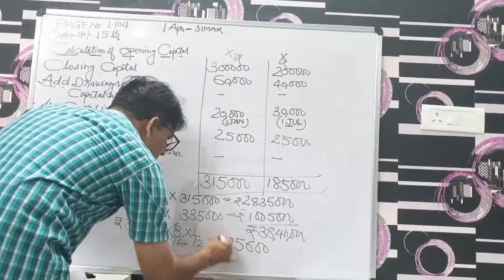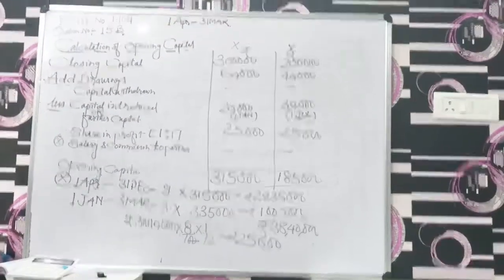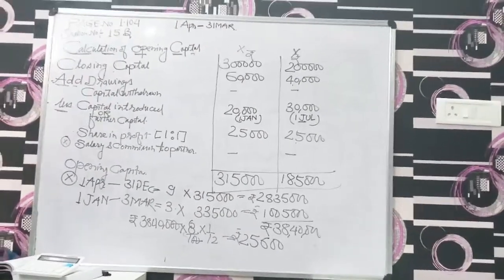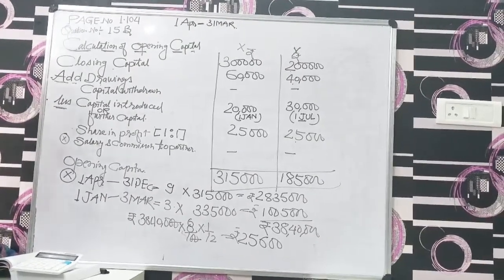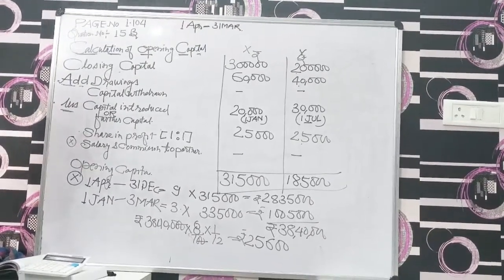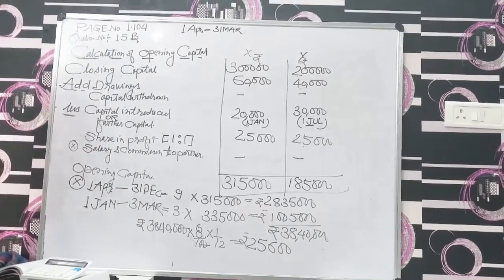In the same way we have to calculate the interest on capital of Y. Y introduced 30,000 on 1st July.